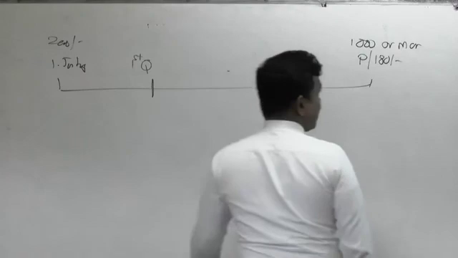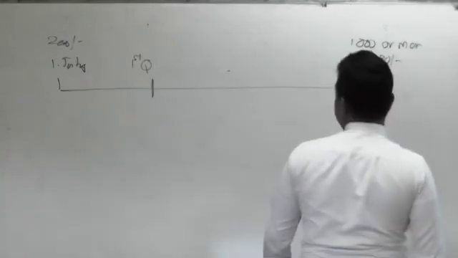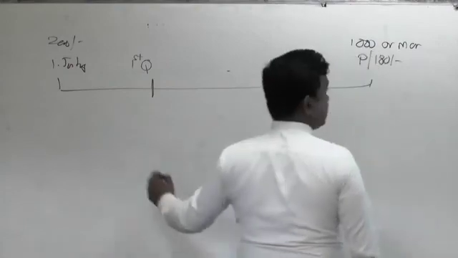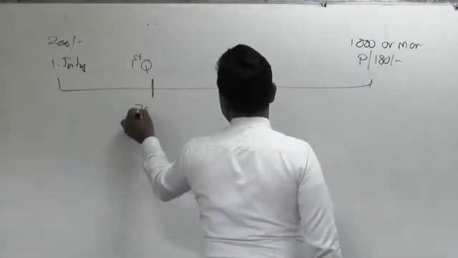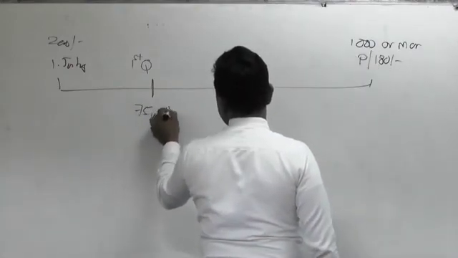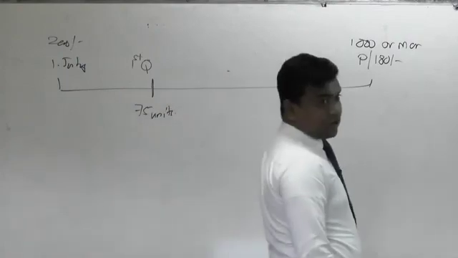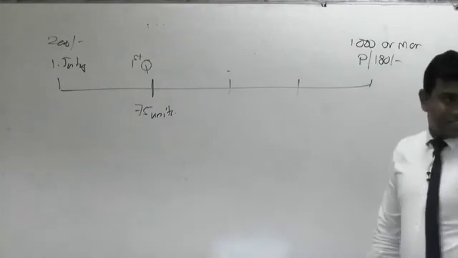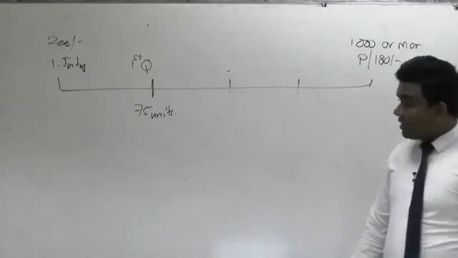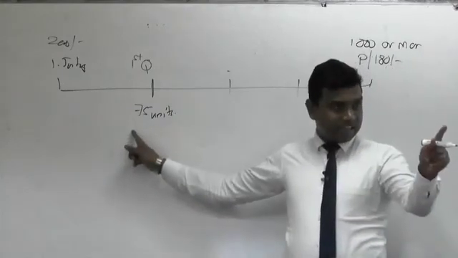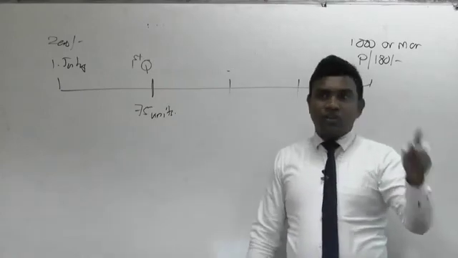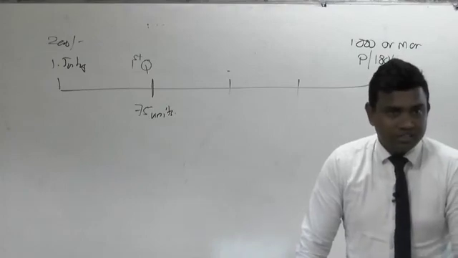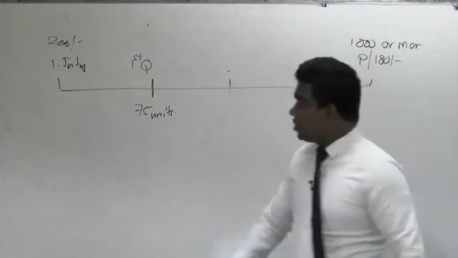At the end of the first quarter, the company sold 75 units. Only 75 units. To complete the year, you have another 3 quarters. In the first quarter, you sold only 75. Therefore, can you assume they will buy 1,000 units? What is the original agreement?